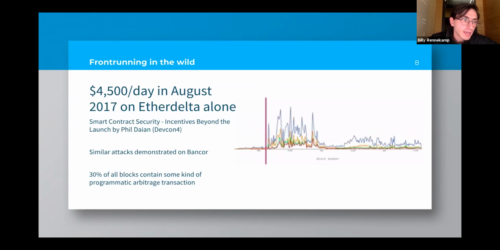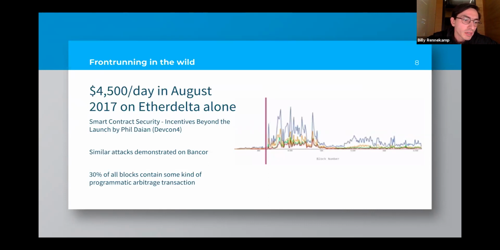Bancor puts a max gas so that nobody's supposed to be able to accelerate the gas prices above each other, but that doesn't prevent actual miners from ordering blocks or front-running the transactions. There's also the minimum return, which means that if somebody gets in front of you and you don't get back your expected value, your transaction will fail. But this is a pretty terrible user experience if you have to overestimate all your transactions and expect a loss just to get the transaction to go through.